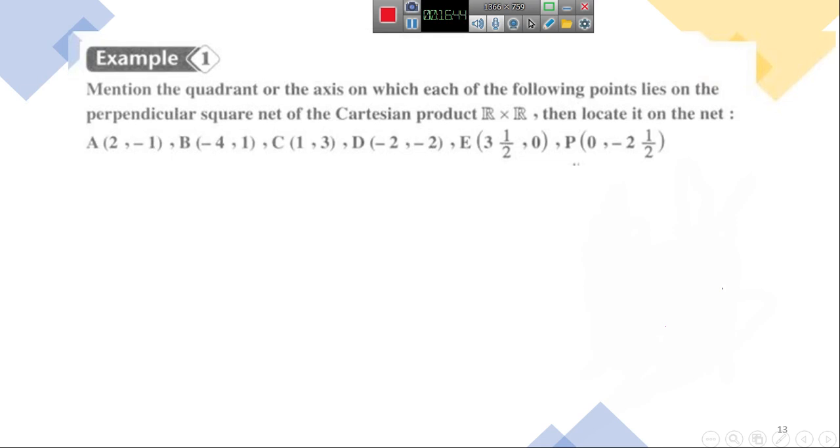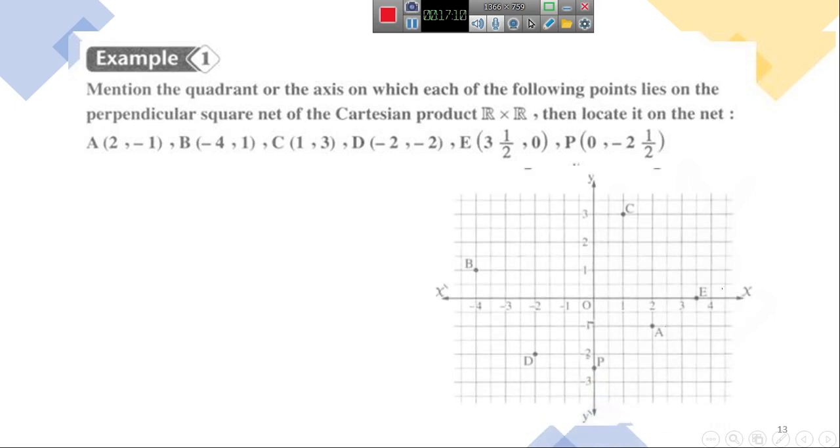Let's explain another idea of our lesson. Mention the quadrant of the axis on which each of the following points lies on the perpendicular square net of the Cartesian product A, R times R. This is the second part of our lesson, the Cartesian product of two infinite sets. As you know, real numbers are an infinite set.